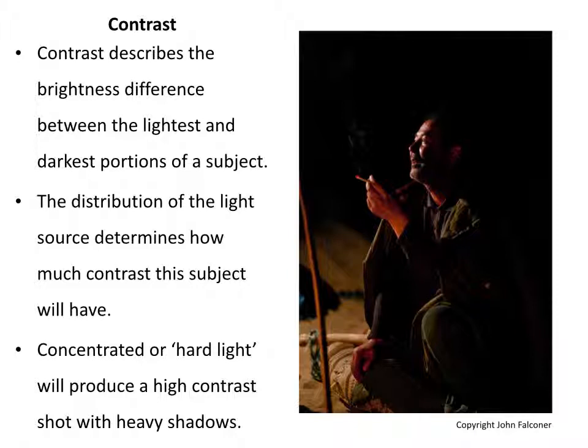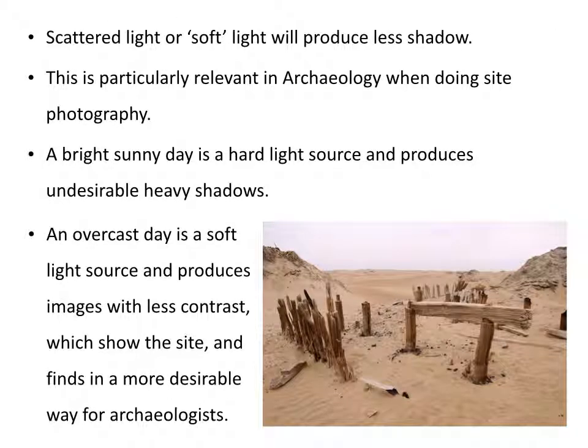Concentrated or hard light will produce a high contrast shot with heavy shadows. Softer light, which has been diffused or scattered, will produce less shadow. So for example, the clouds will produce soft light because they will diffuse the sunlight.